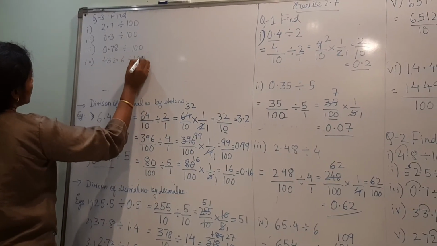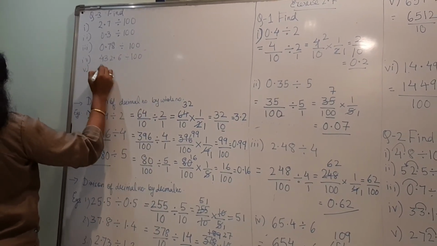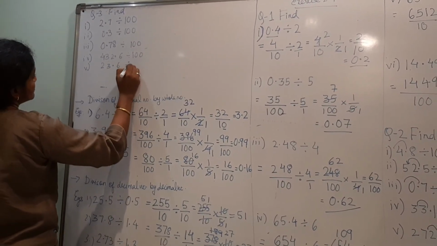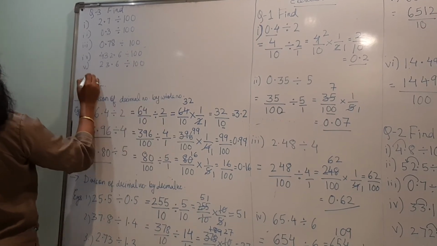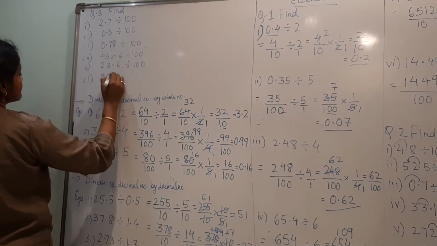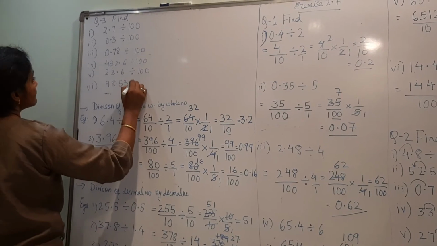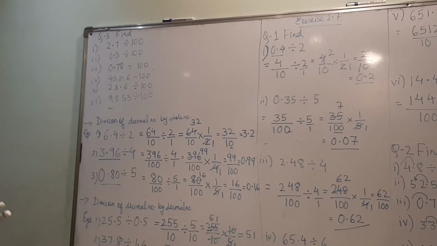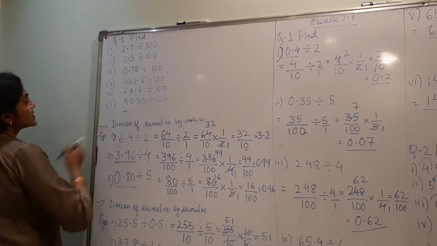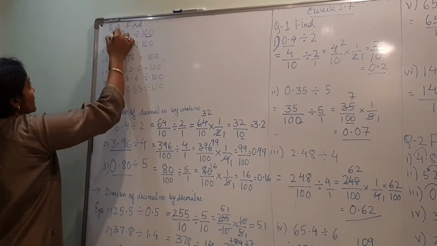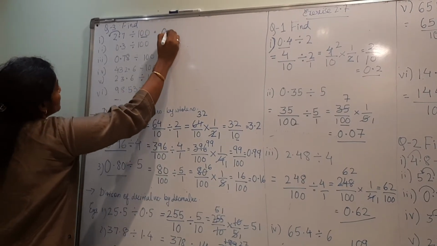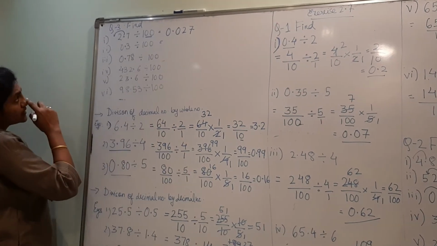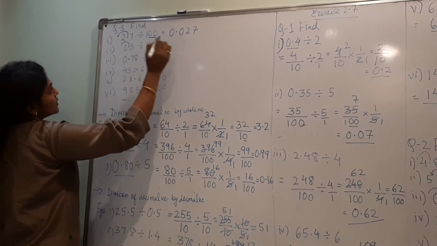Fourth, 2.6 by 100. Fifth, yes, now 2 places, 2 zeros are there, means towards left it will be shifting by 2 places. So this will be 0.027. 0.3 divided by 100, shifting left towards 2 places.